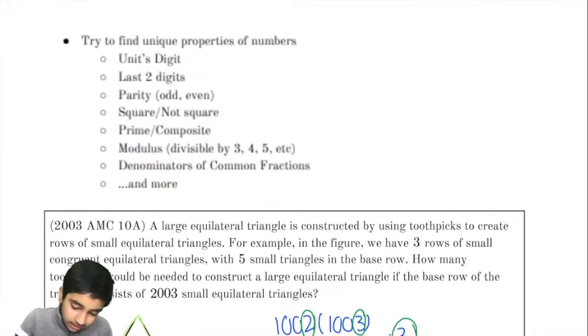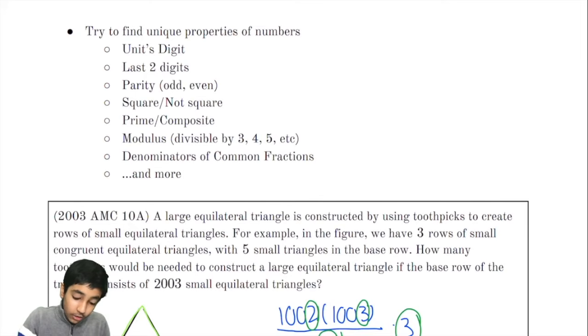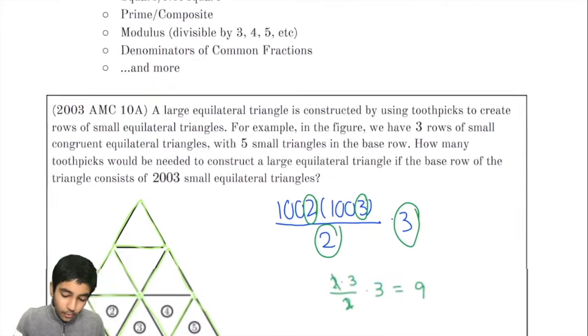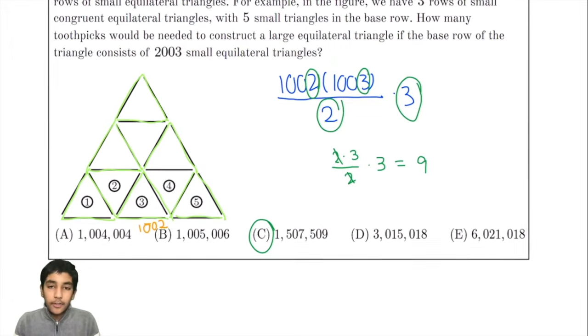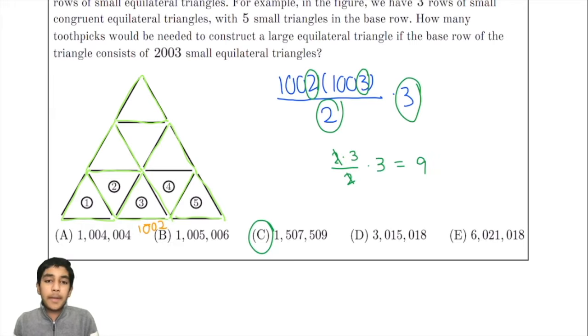Now let's discuss these techniques that I had, a long list. You can look at the unique defining properties of numbers, of the option choices that we have. In this example, we saw that the unit digit is a unique property. There's a different unit digit for all the option choices. Sometimes you might see that this option choice is the only one that's 0 mod 3, that leaves a remainder of 0 when divided by 3.